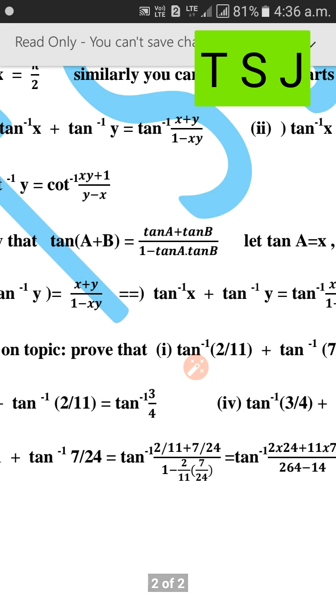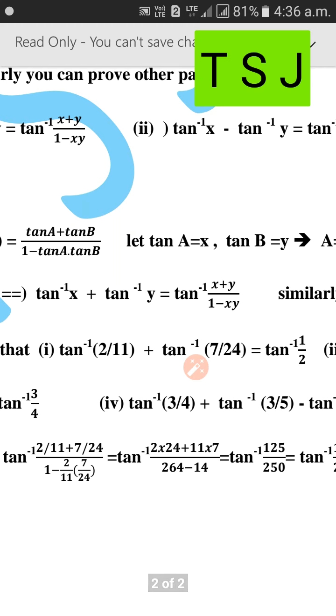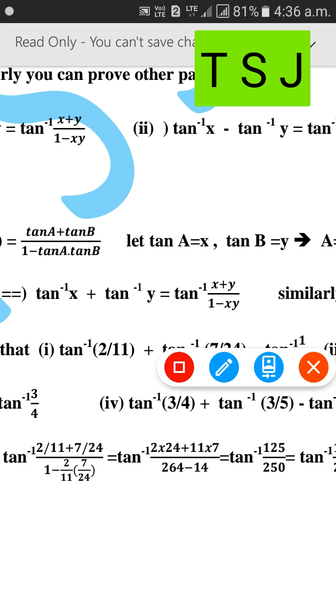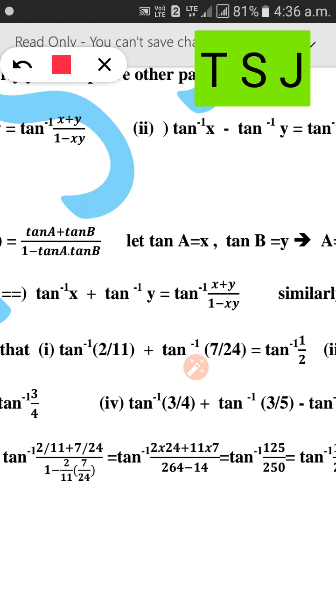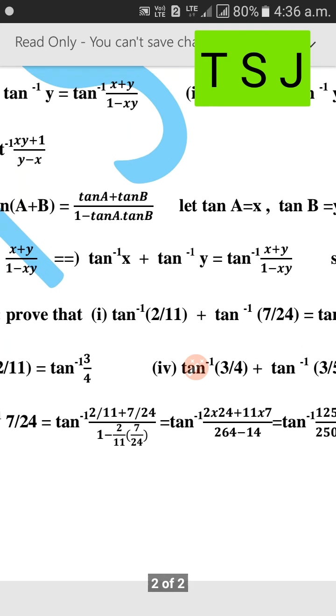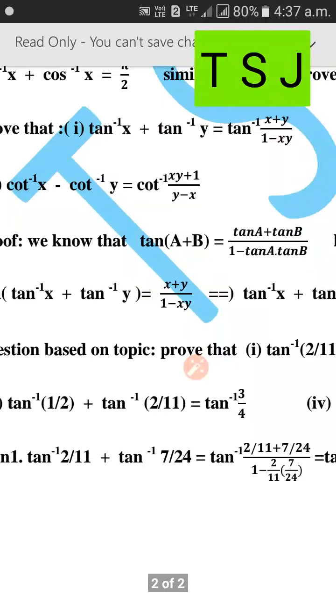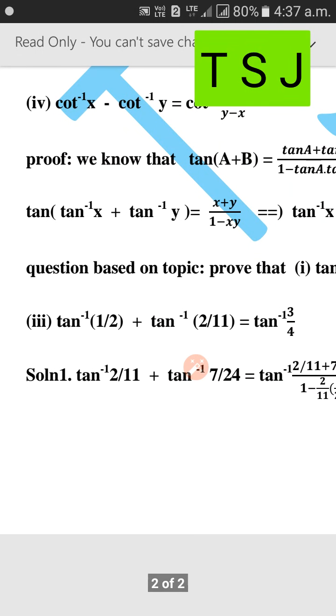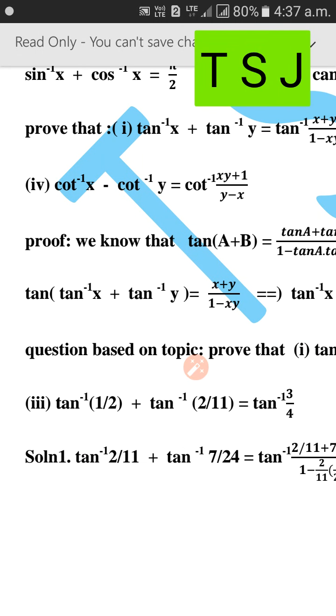Transferring this tan to the right, we have the relation tan inverse x plus tan inverse y equals tan inverse of x plus y upon 1 minus xy. Similarly, you can derive the other parts also. You can use the tan a plus b and tan a minus b formulas, and the cot a plus b and cot a minus b formulas of trigonometry.